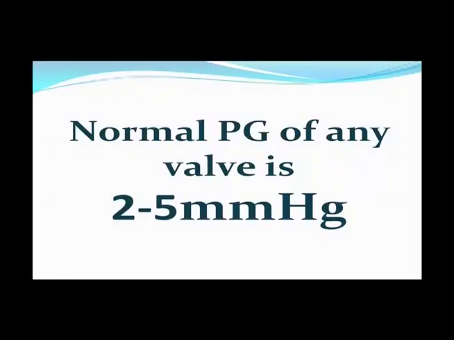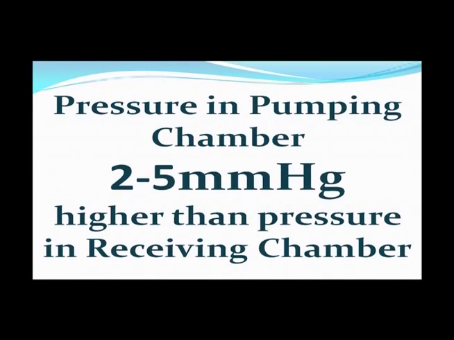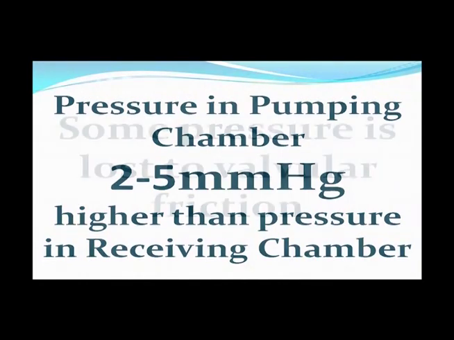For example, the normal pressure gradient of the aortic flow through a normal aortic valve, or any other normal valve, is about 2 to 5 millimeters of mercury. That means that the pressure in the left ventricle, the pumping chamber, is 2 to 5 millimeters of mercury higher than the pressure in the aorta, the receiving chamber.